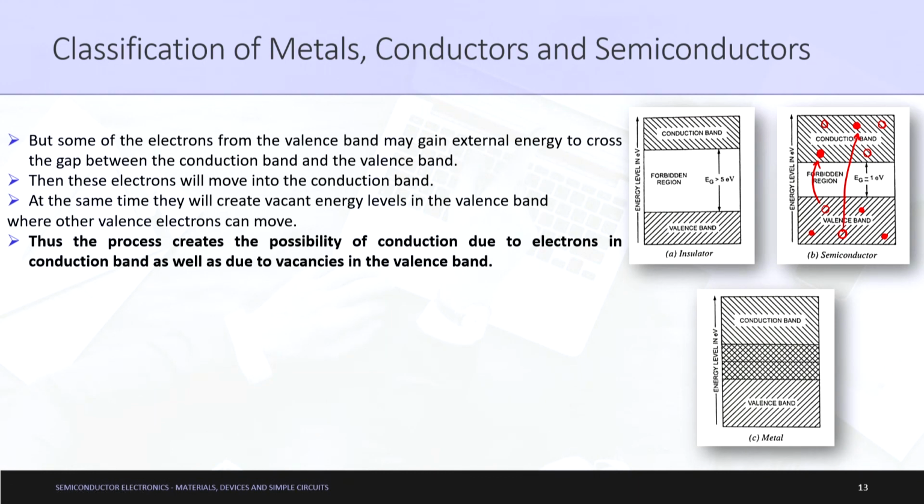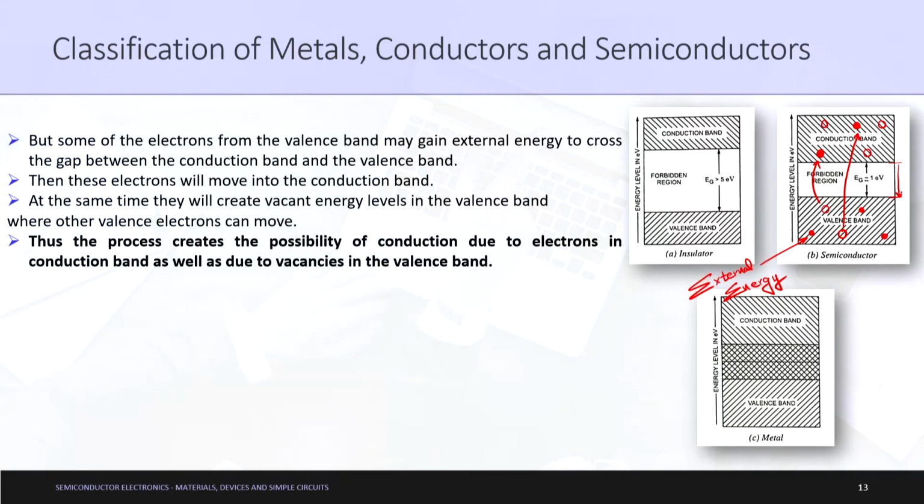Okay. So what is written? But some of the electrons from the valence band may gain external energy. Let us say I impart some external energy into it, to cross the gap between the conduction band and the valence band. So to cross the gap, this is that gap being talked about.